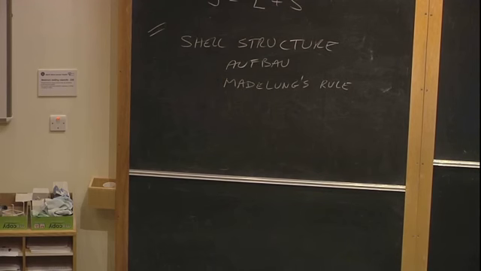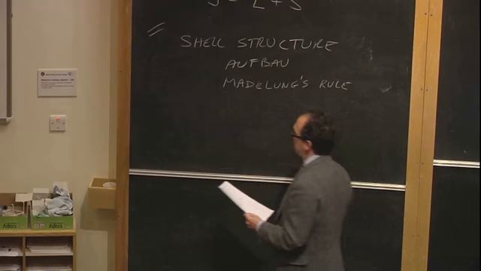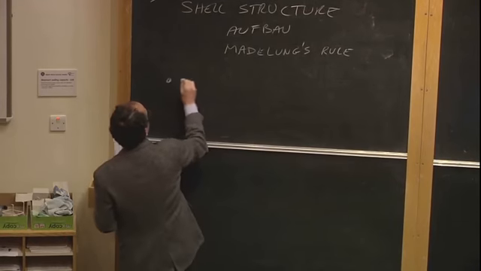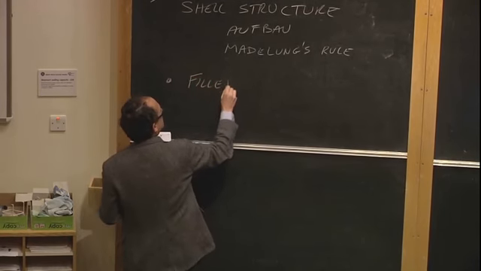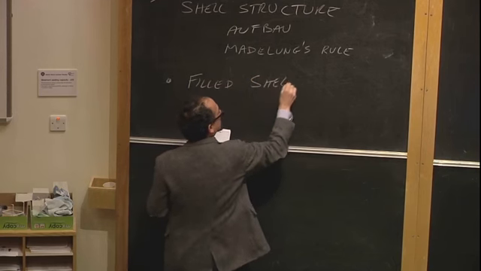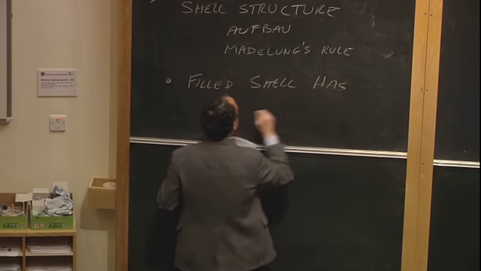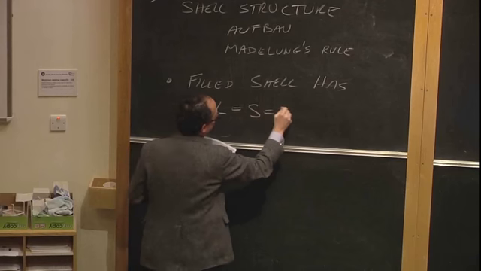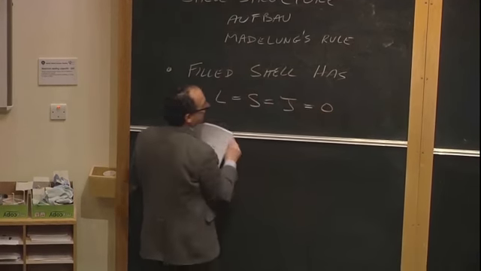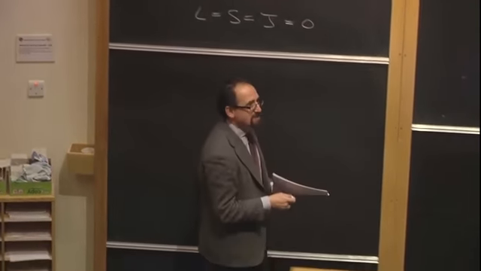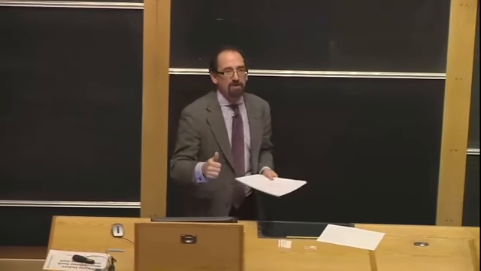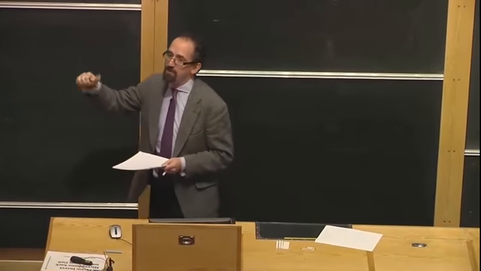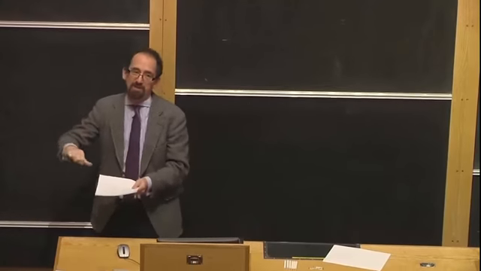The reason that's going to help us out a lot is because there's an important principle that a filled shell has L equals S equals J equals 0. No angular momentum at all in a filled shell. Why is that? Well, we filled every orbital with a spin up and every orbital with a spin down, so the total spin is 0.